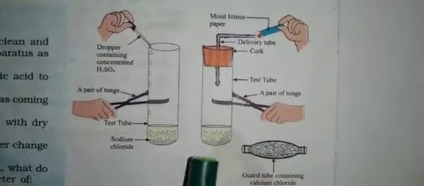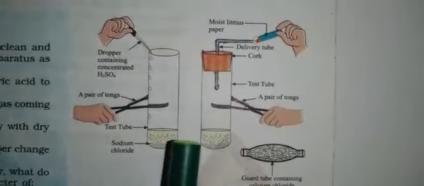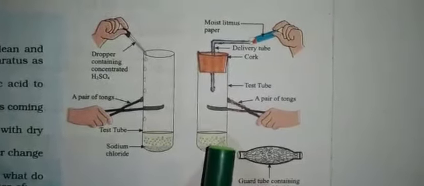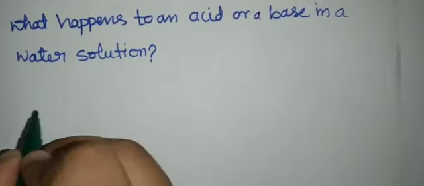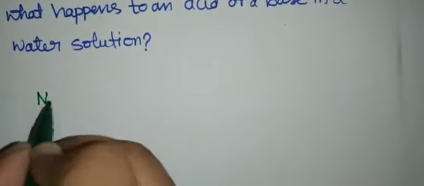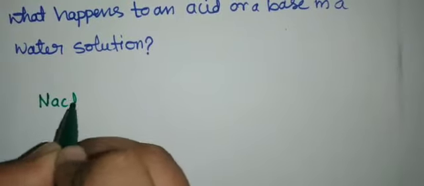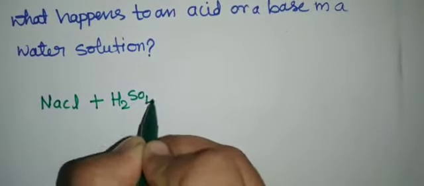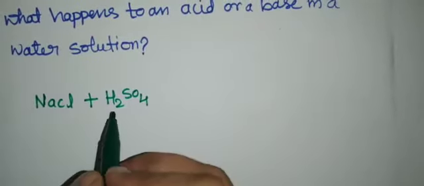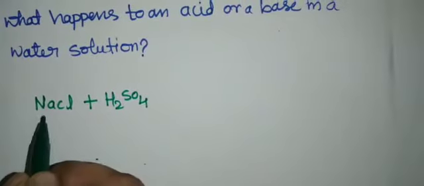So when the reaction is happening between sodium chloride and sulfuric acid, now I'll write the reaction. First is sodium chloride we have added, NaCl, and onto that we have added H2SO4. Here a double displacement reaction will take place.